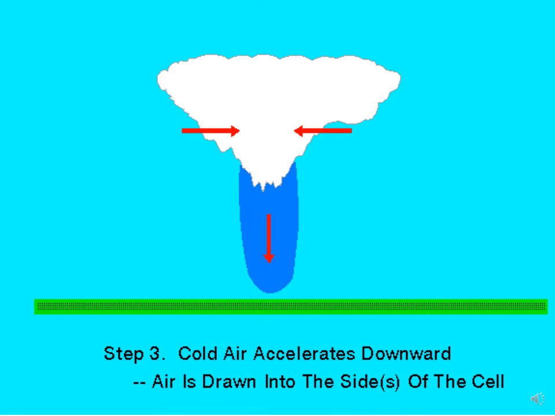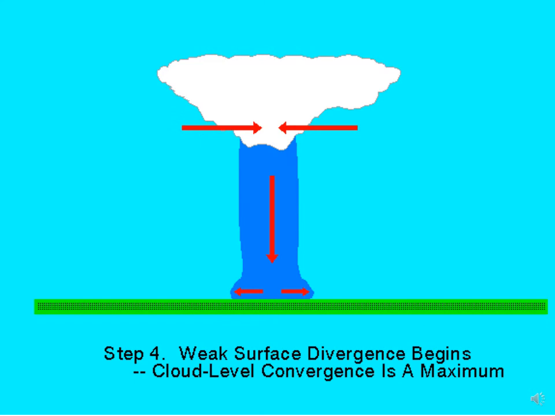And so it'll continue to accelerate downward because of this negative buoyancy, and air is drawn into the side of the clouds, which is entraining, which will actually dry out the lower part of the cloud even further. And then once this downdraft hits the ground, you have divergence at the ground, and you've got convergence inside the cloud that's feeding this downburst.